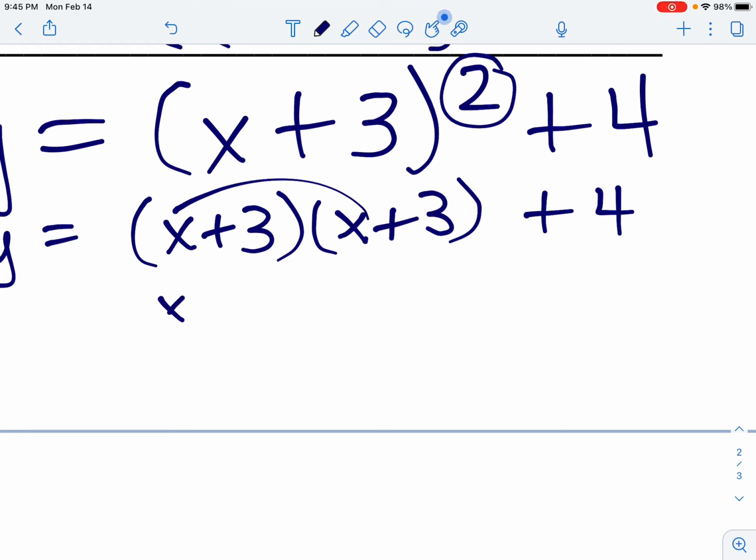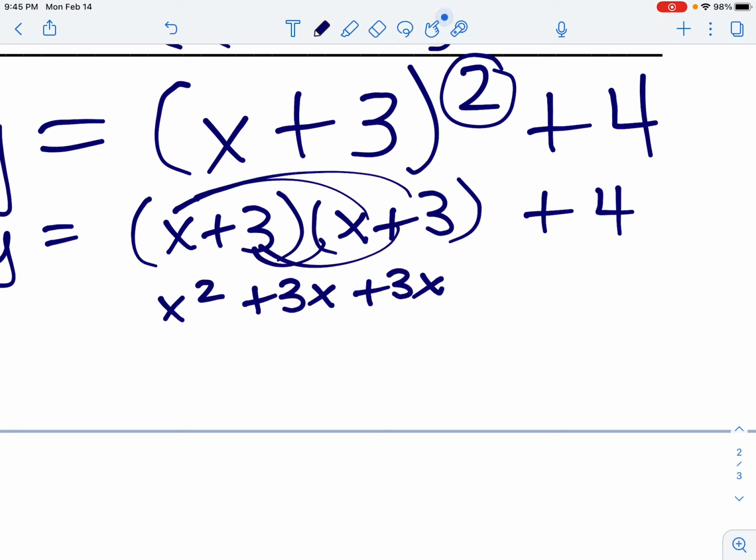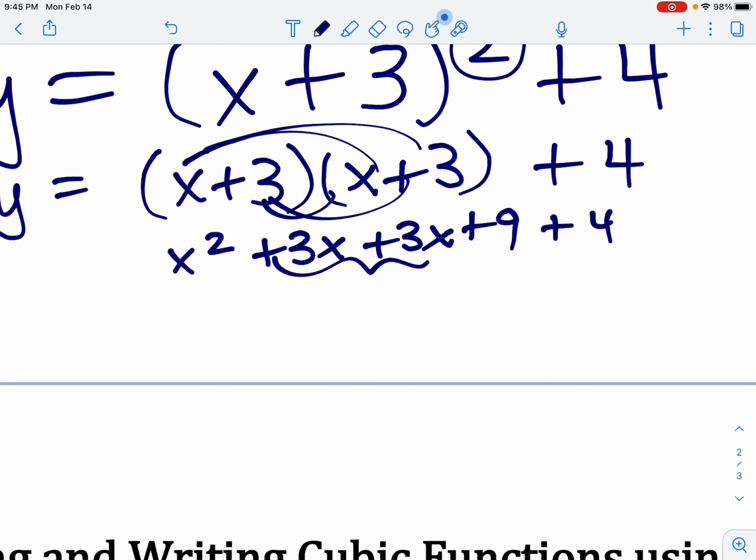X times x is x squared plus 3x plus 3x plus 9. I can combine like terms. So I get x squared plus 6x, and then plus 13.